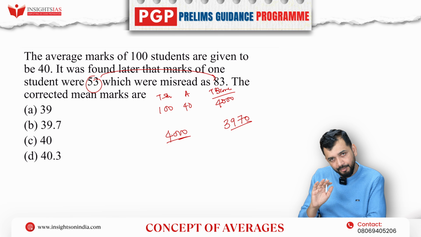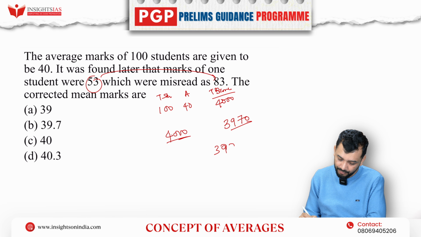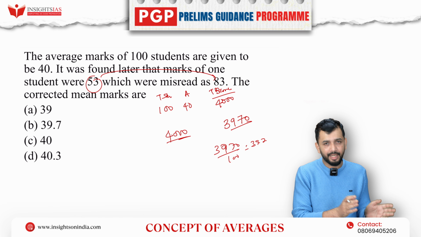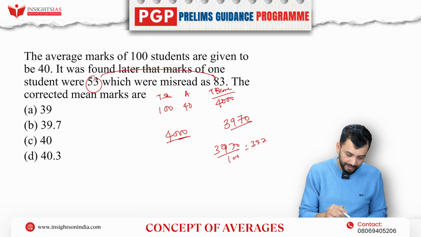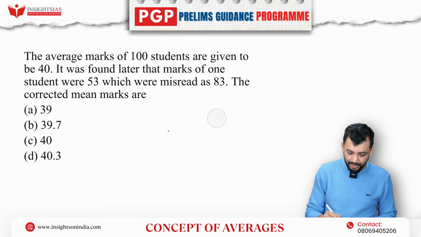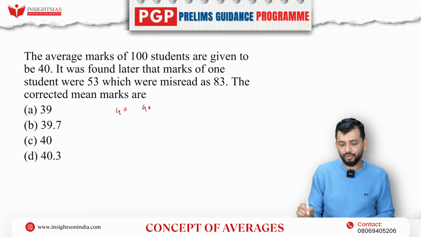Total number of students remains 100. What will be the average? 3970 by 100, which is 39.7. So take the total, reduce that extra, and that is one way. Or if you want to think logically, as we have done previously, we have visualized that all 100 students have scored 40, 40, 40.